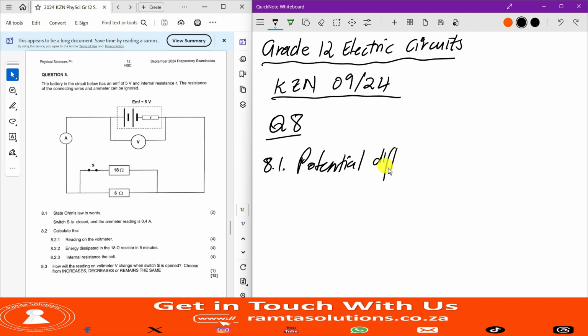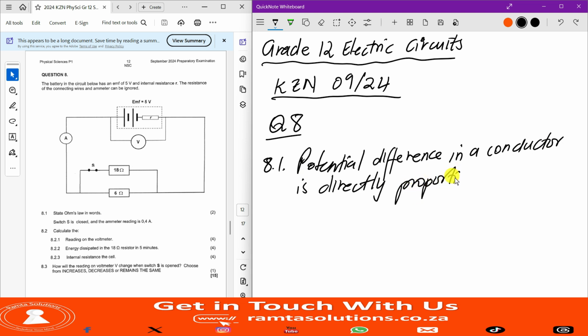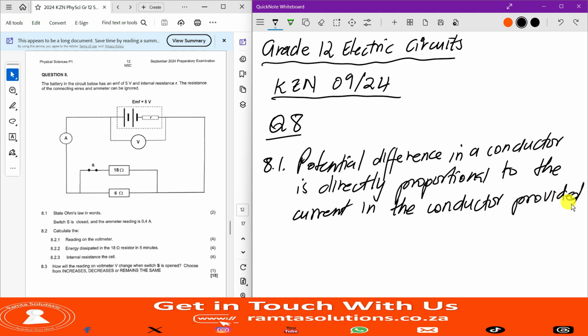Let me write this down before I proceed. Potential difference in a conductor is directly proportional to the current in the conductor, provided temperature remains constant.